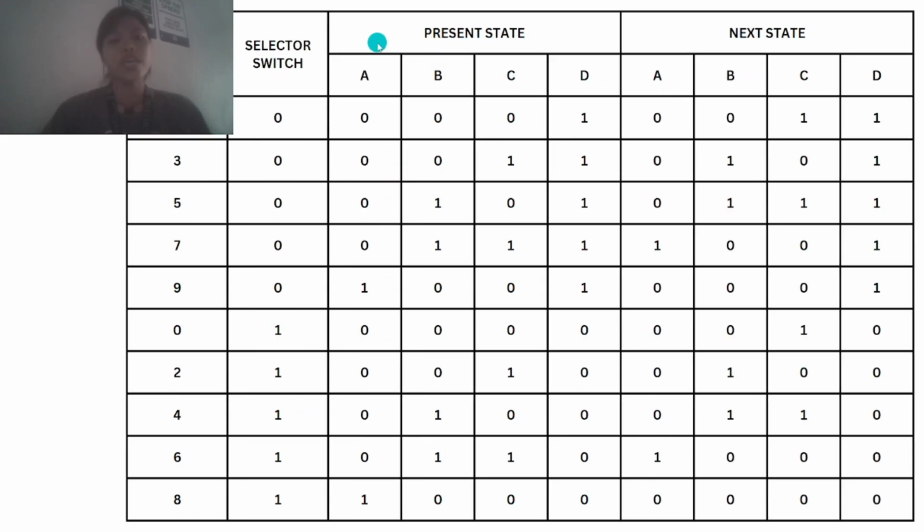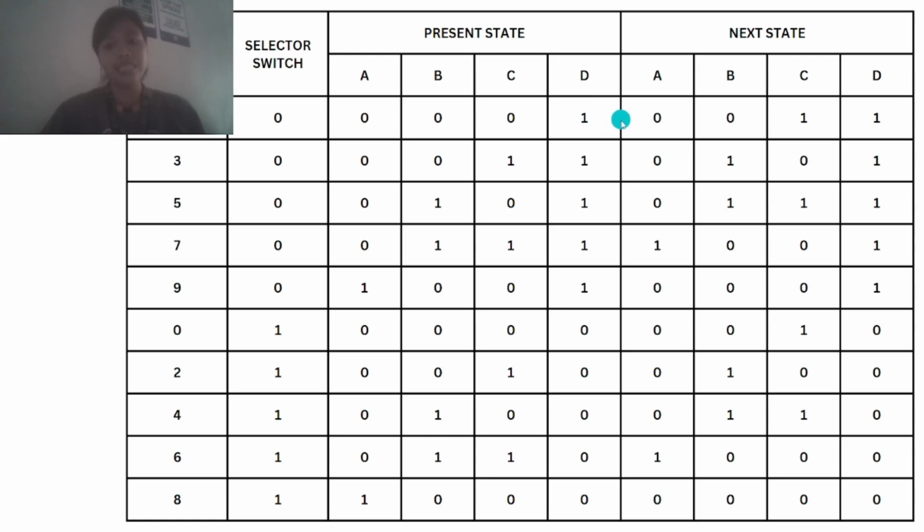As we can see here, when we select 0, which is when we turn off the switch, it will display the odd numbers 3, 5, 7, and 9. In the present state, when we turn off the selector, it will display the value 1 in binary.